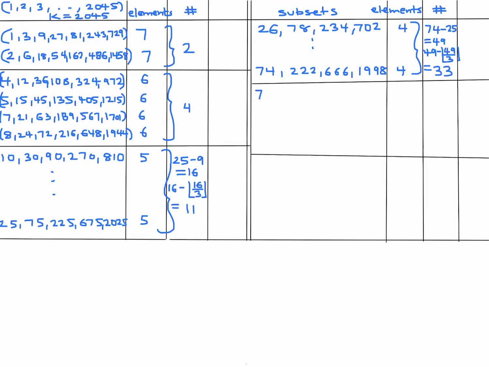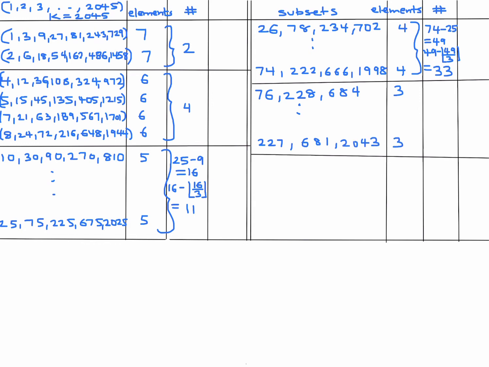Now I'm at 76, because remember, 75 is a multiple of 3, and it's already here, so I can't include it again. So a little bit of thinking involved here. Not an easy question, but completely realistic. Okay, this is a 3-element set. And similarly, dot, dot, dot, you keep going until you don't get any more 3-element sets. And 227 is the last one that gives you 3 elements.